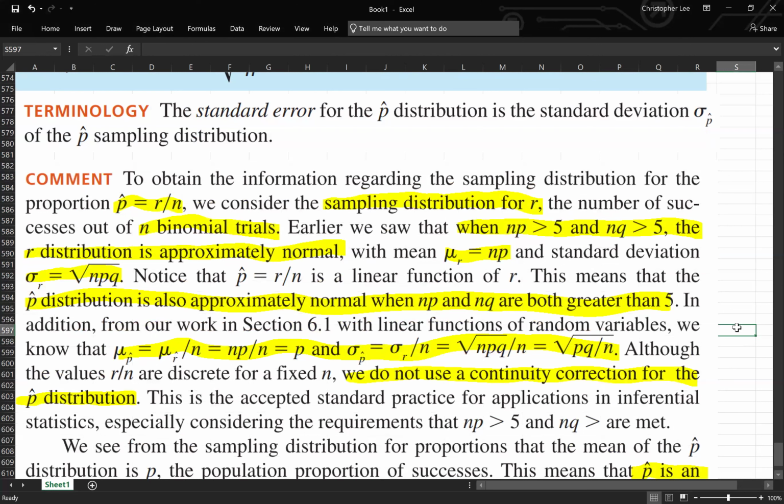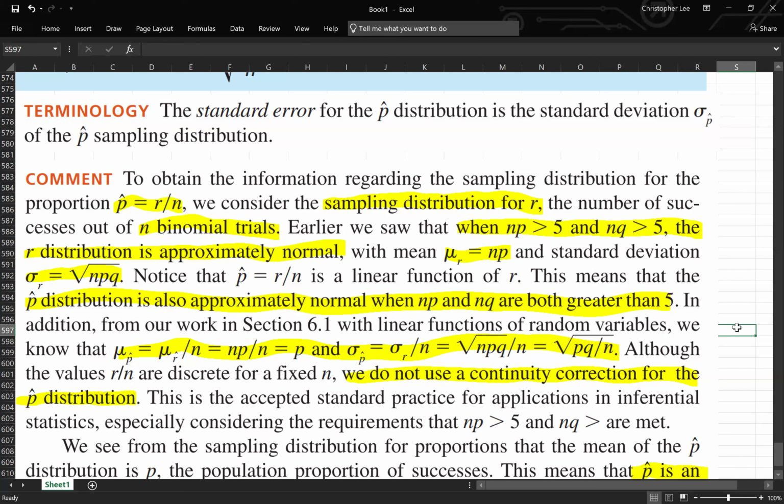To obtain the information regarding the sampling distribution for the proportion p hat equal to r divided by n, we consider the sampling distribution for r, the number of successes out of n binomial trials. Earlier, we saw that if n times p is greater than 5 and n times q is greater than 5, the r distribution is approximately normal, with the mean mu for r equal to n times p, and the standard deviation sigma r equal to the square root of n times p times q.